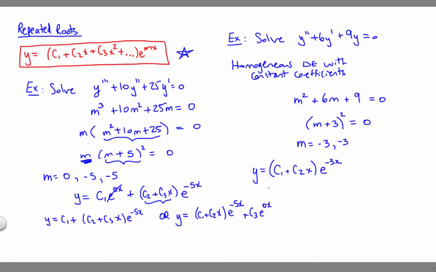And then that exponential just simplifies to 1, so we would erase it. So that's another good final answer. In each case, we've used the appropriate constants c1, c2, c3, and we've obeyed the proper form for the general solution.